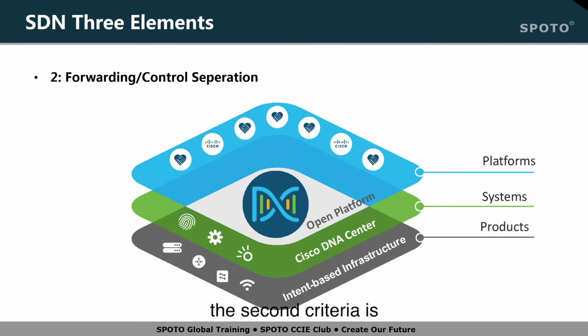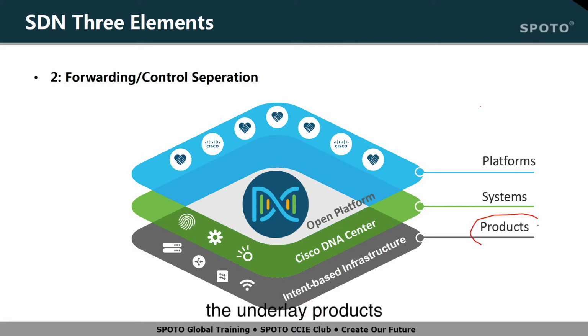The second criteria is it needs to separate the forwarding and control plane, the forwarding control separation. In Cisco's case, there are 3 layers. One is at the bottom, the products. In the middle is the system, the Cisco DNA Center. At the top is the platforms.